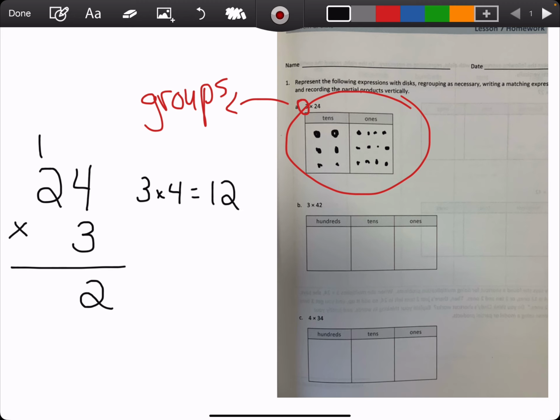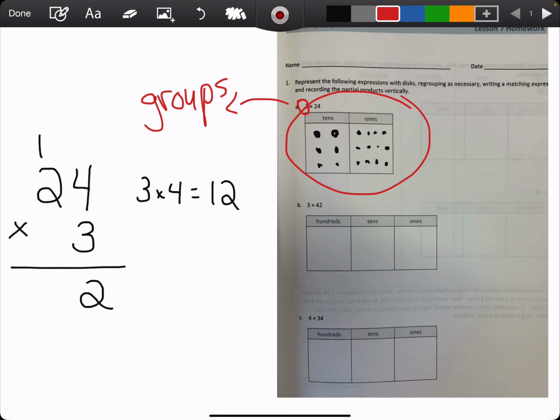Now, to check that, you could see here, how many 1s do I have? I have 12 if we count up all those dots. After we do the 3 times 4, I'm going to go 3 times 2, which is really 3 times 20, and then I'm adding that 1.